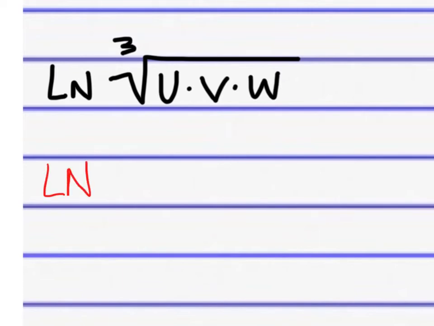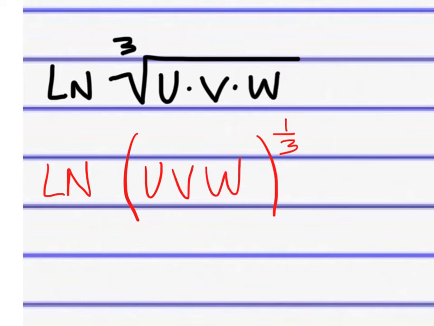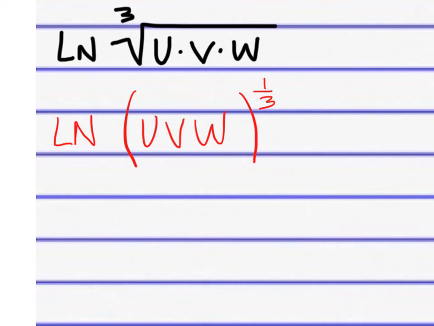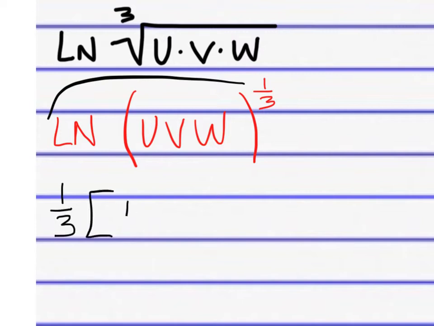Log natural of the quantity to the 1/3 power of UVW. A quantity to the 1/3 power is the same as the cube root of that quantity. So once you have that, then that ugly looking thing becomes this. You're going to put this out here: 1/3 times the quantity of log natural of UVW.